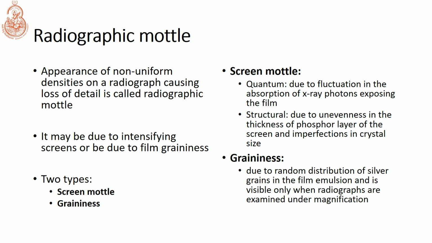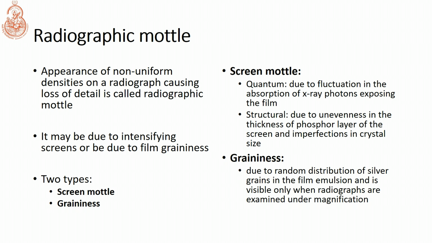There are two types of radiographic mottle. The first one is called the screen mottle, and the second one is called the graininess. Screen mottle has two different types. One is called the quantum screen mottle, and the second one is called the structural screen mottle.